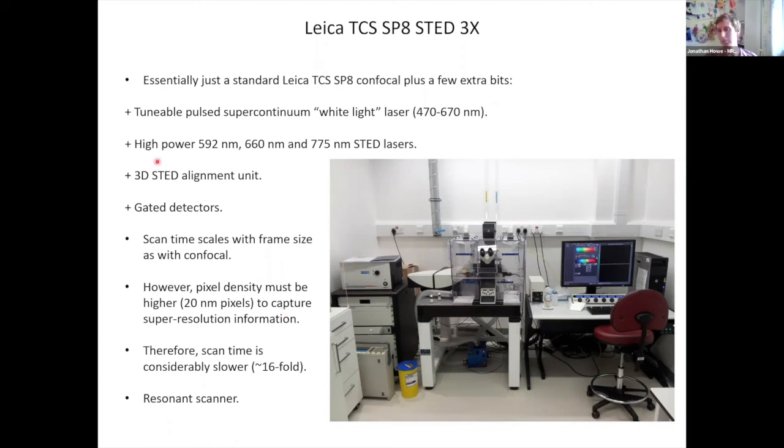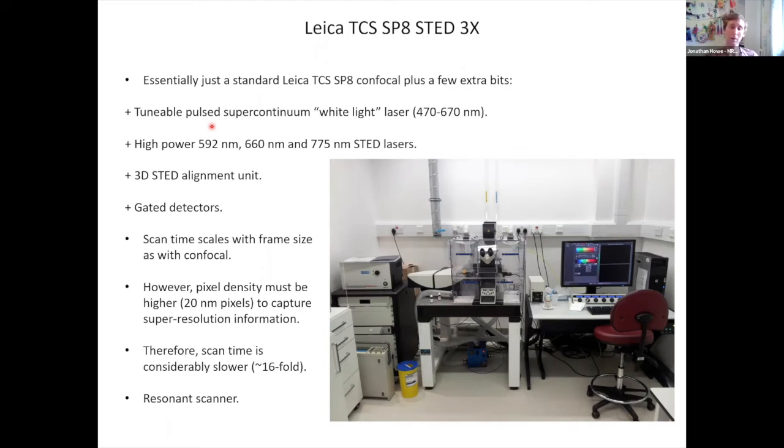Those additional components include a tunable, pulsed supercontinuum or white light laser, which is used for excitation, several high power STED lasers, and generally speaking, you need one STED laser per imaging channel.